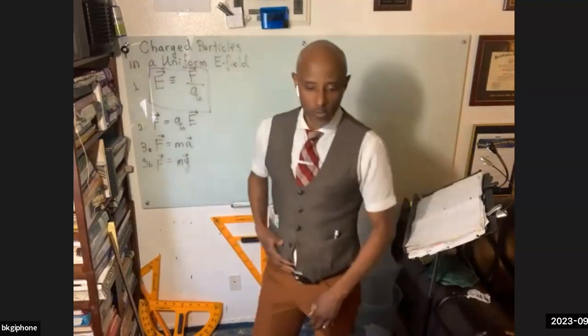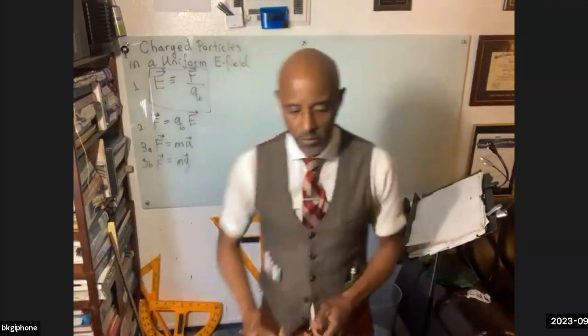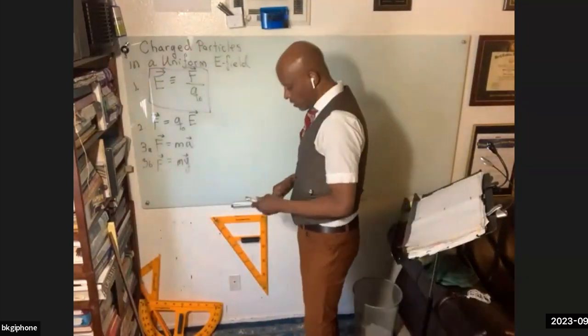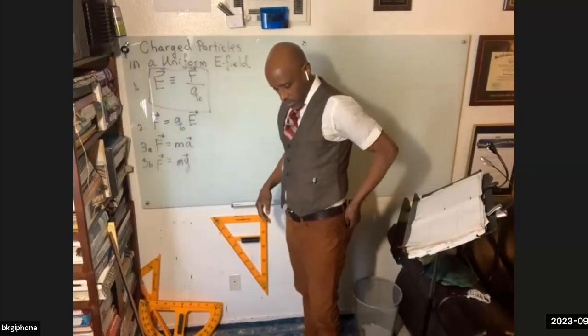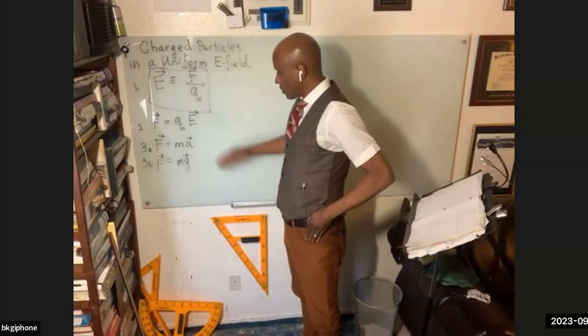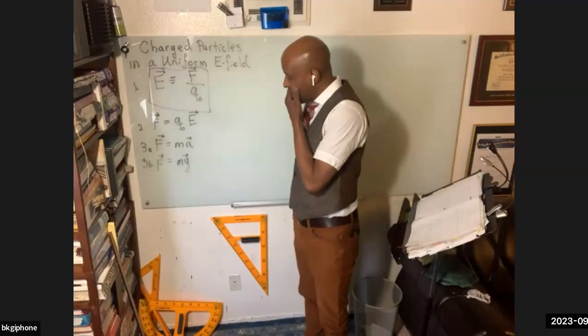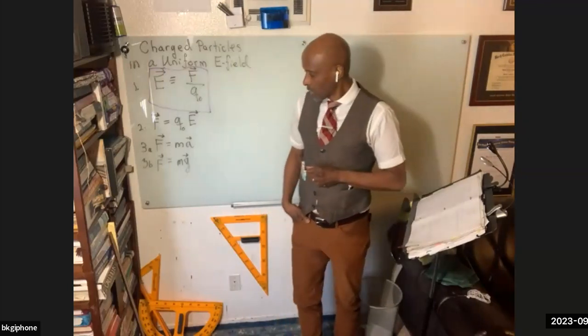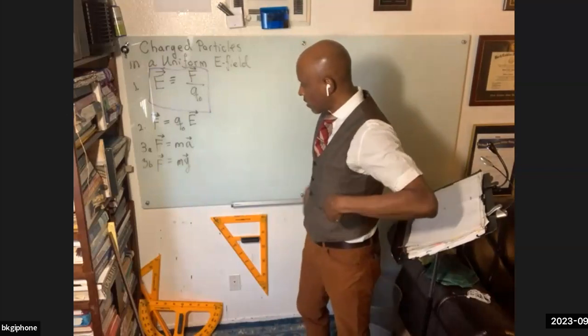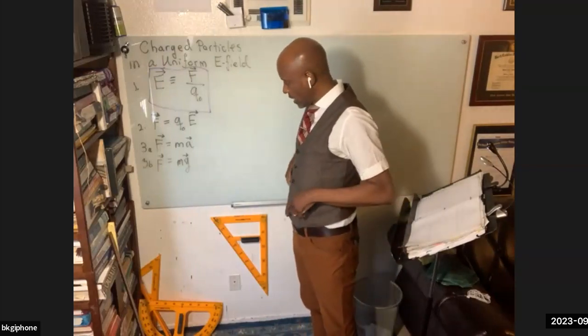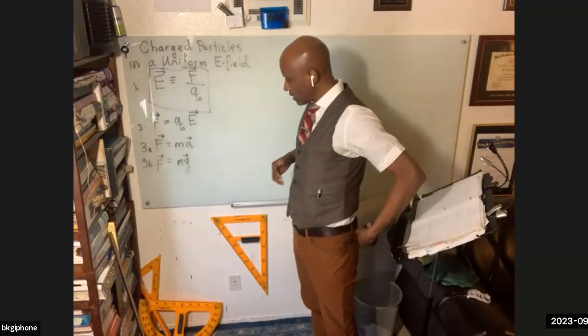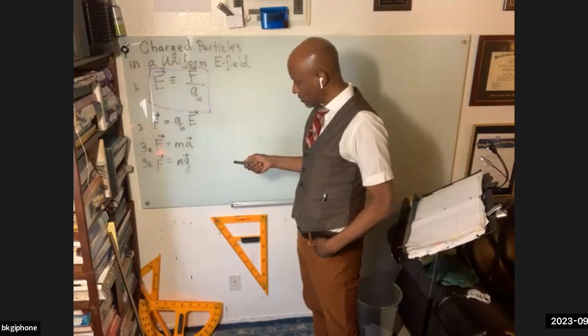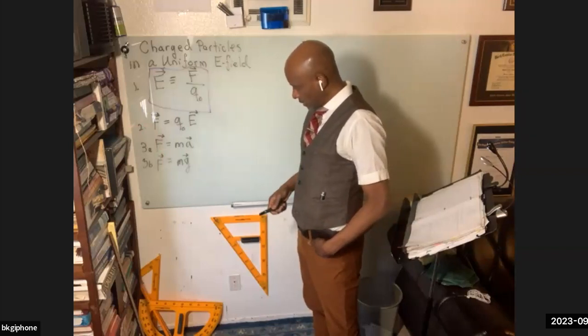Yeah, so we are comparing E to g in terms of the effect of the g field on a mass is analogous to the effect of an electric field on a charge. So if we use Newton's second law and the definition of E together, that is equation 2 and 3a, we can equate those.